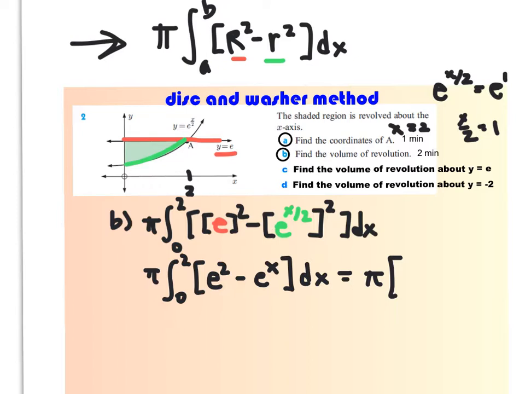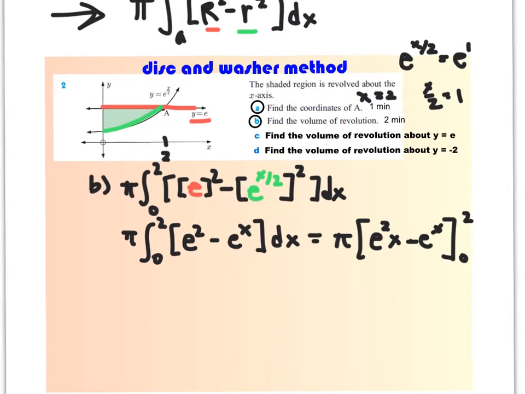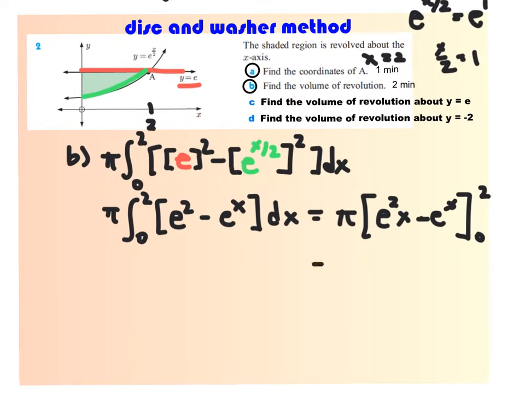So I get this integral right here, which would be evaluating the following from 0 to 2. Let's integrate. This would be e squared x minus e to the x from 0 to 2. Let's simplify that. If I plug in the 2, I'd get 2e squared minus e squared, which will be just e squared.